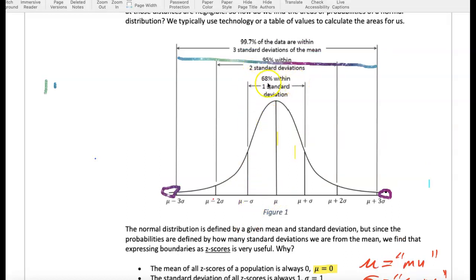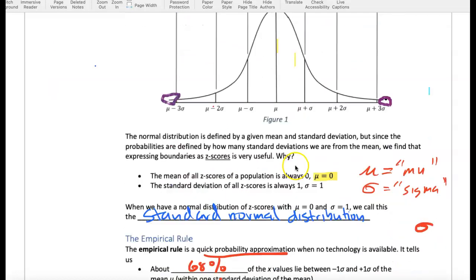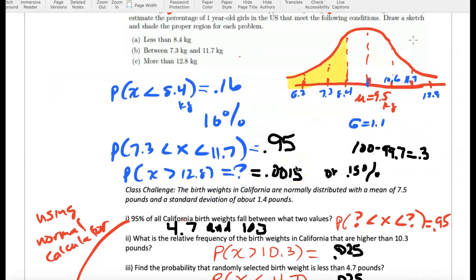We know that 50% is this group right here, from here to here, half of it. That's what you don't see, but it's cut in half. Then I know this is 68%, which is broken up in half, and that's your 34. So you have 50% plus 34 is 84%. And then what's left over is the 16%. And that's where that value comes from.